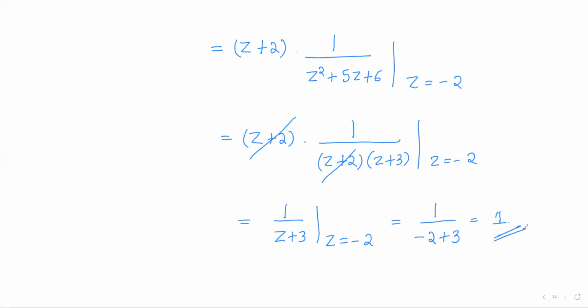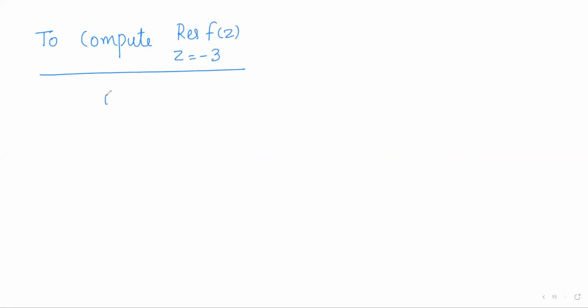So 1 is the residue of the function f of z at the isolated singularity minus 2. That is, the residue of f of z at the simple pole minus 2 is 1. Similarly, we shall compute the residue at the other pole, the residue of f of z at the pole minus 3.